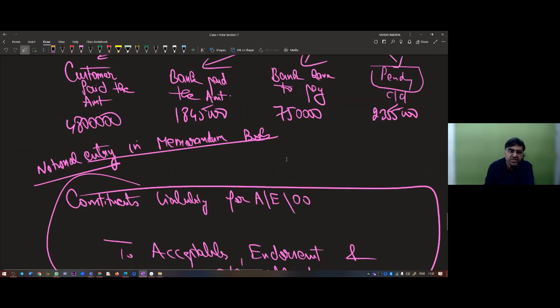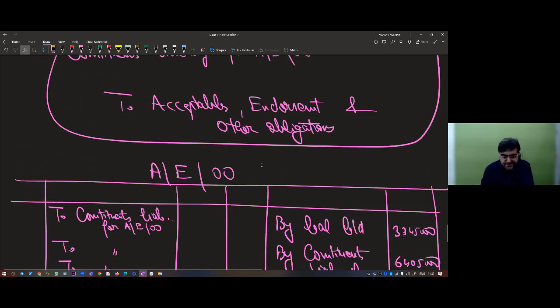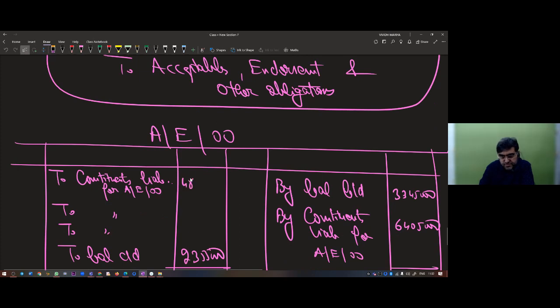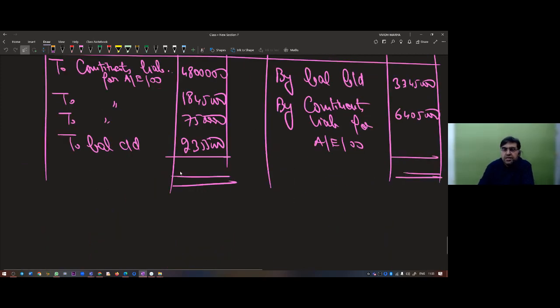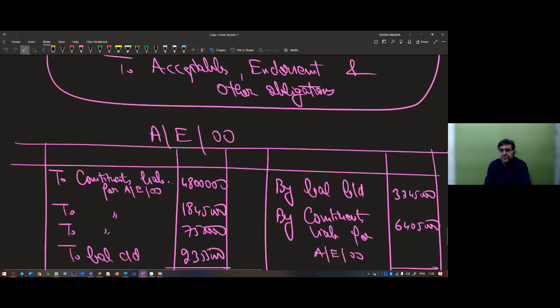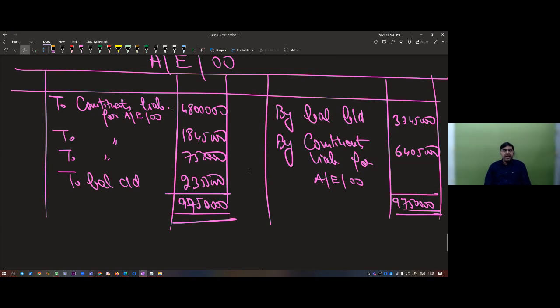So the reversed amount will be 48 lakhs, 18.45, 7.50, total 97.50 lakhs. Dates are very comfortable. You can use them yourself and even get full marks. Sometimes you don't mention the dates.